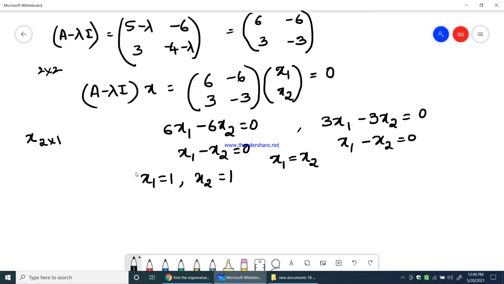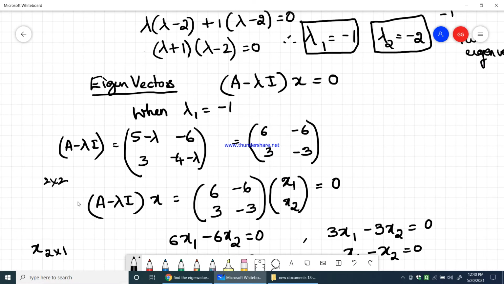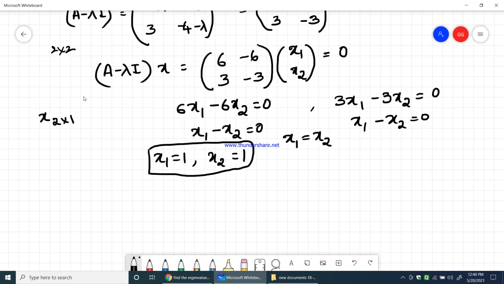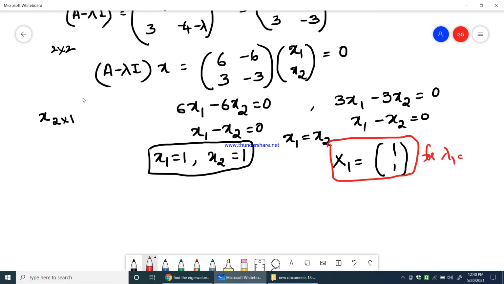Therefore, these are the two values that we come across when lambda 1 equals minus 1. So we got the eigenvector 1 and 1. I'll say x1 equals 1 and 1. This would be the first eigenvector which we have got for lambda 1 equals minus 1.